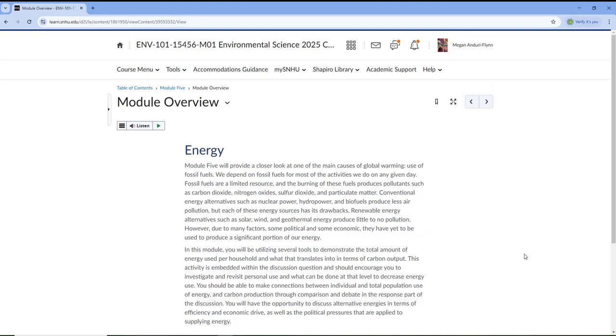Okay, so we're going to take a look at fossil fuels, but we're also going to look at other energy alternatives, such as nuclear power, which has a lot of pros in the sense that it's a way that we can get fairly clean energy, but a major con in the sense that it can be very damaging.